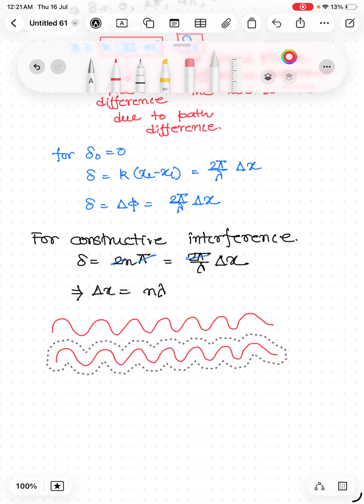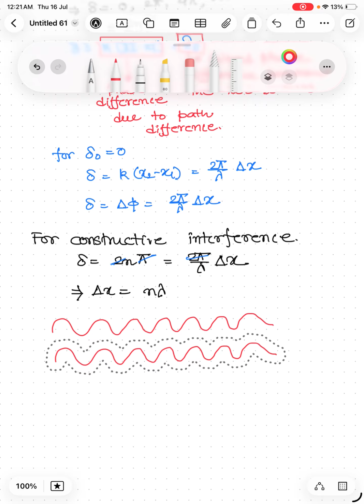Now, if I place it here, then what is the path difference? Suppose there is some path difference and we see that the crest coincides with the crest, trough coincides with the trough, which means that if I have both these waves at the same point, they are going to get added up.